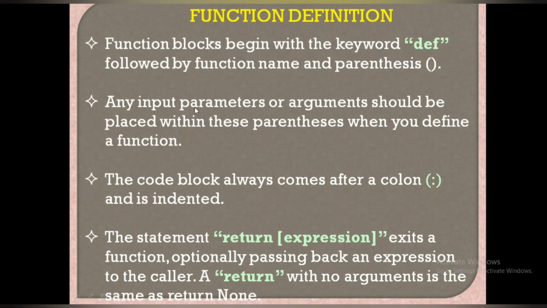We already know the difference between parameters and arguments: parameters are the variables defined in the function definition and arguments are the values passed to those variables. Either way, we can pass them within this parenthesis. When you define a function, the code block always comes after a colon. So the function definition statements are written after the colon.